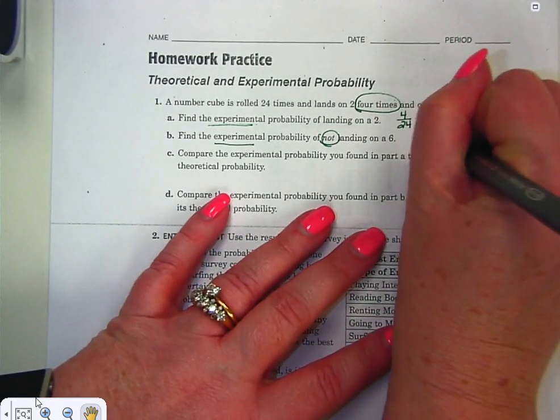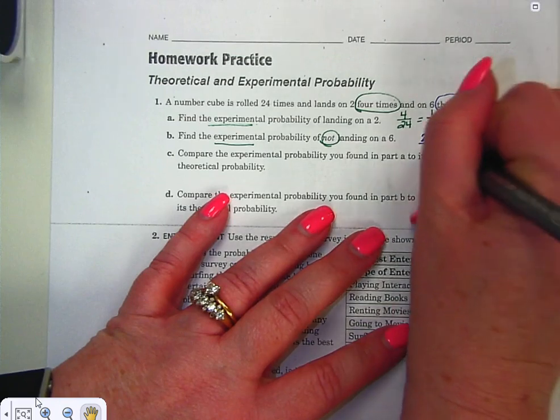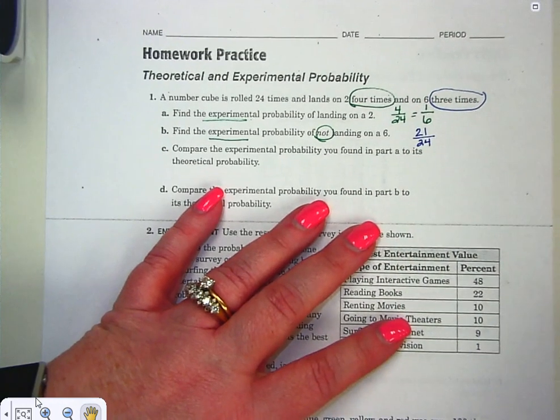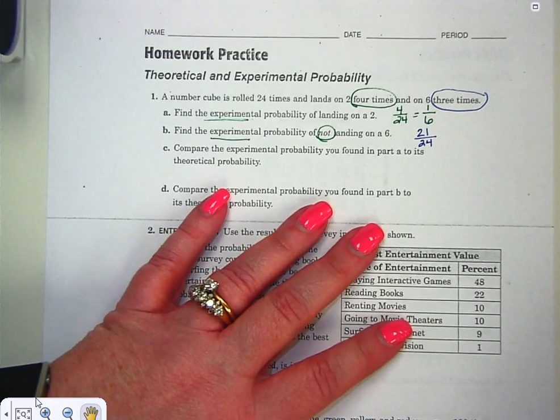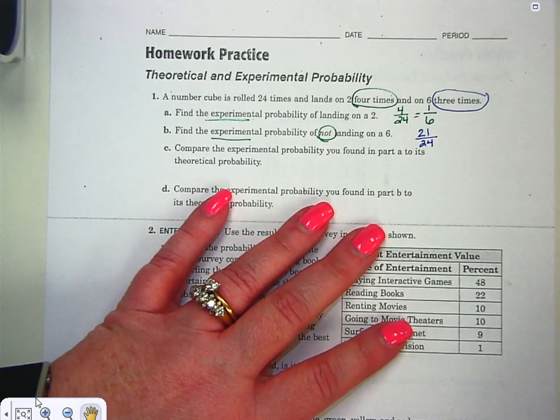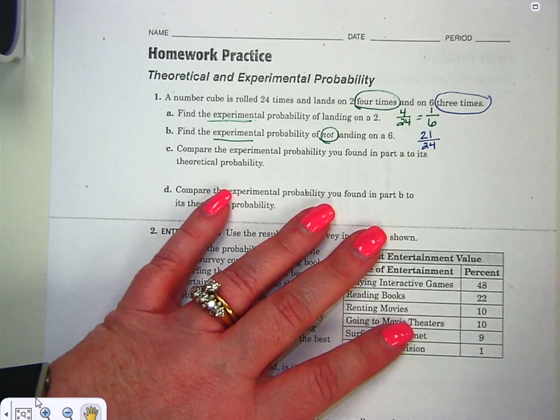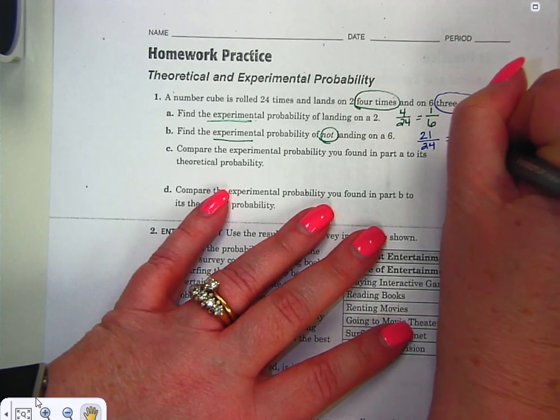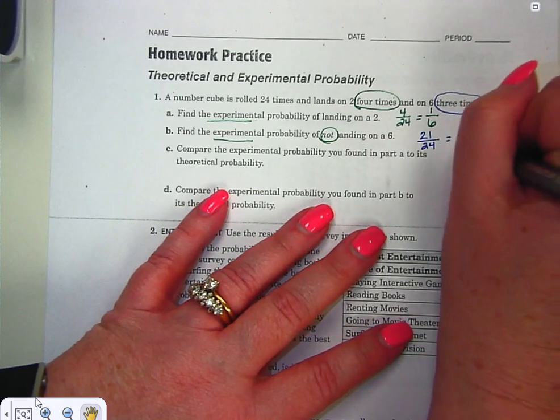So 21 over 24. Is that in simplest form? No, those are both divisible by 3, don't you think? So 21 divided by 3 is 7. 24 divided by 3 is 8.